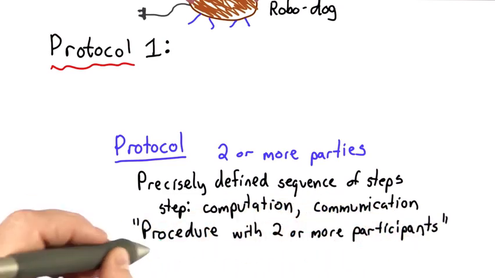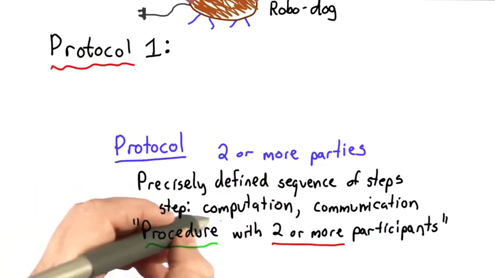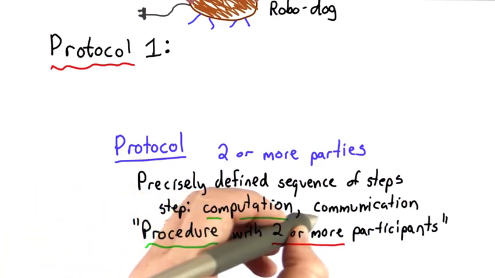One way to think of this, it's really the same thing we mean by a procedure in computing. That's something that we can define precisely enough that we can follow it mechanically. But unlike a procedure, which is normally thought of as being followed by one processor, or at least a set of processors controlled by the same party, with a protocol, we have two or more participants involved. So that's why it involves both computation as well as communication.